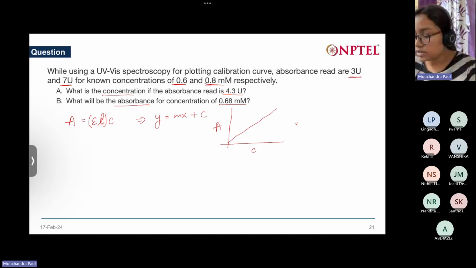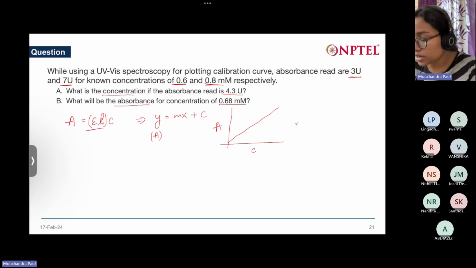As the concentration increases, its absorbance value also increases. This is a straight line, and the general expression of a straight line is y equals mx plus c.